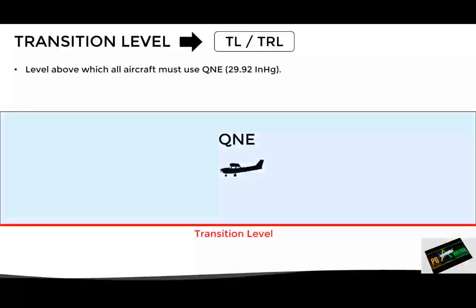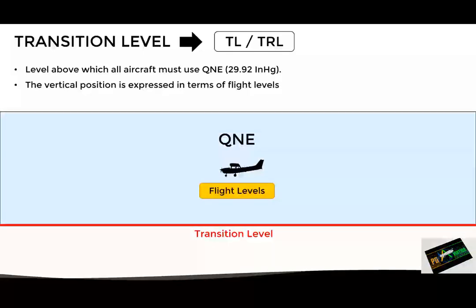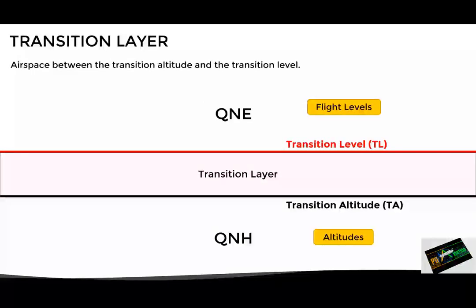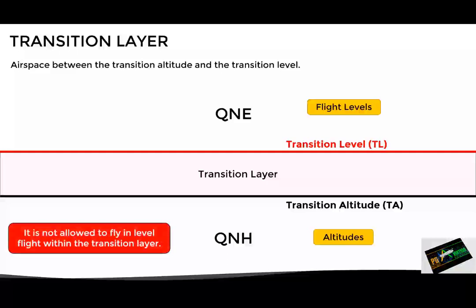This is the level above which all aircraft must use QNE and therefore express their vertical position in terms of flight levels. Finally, we have the concept of transition layer, which is the airspace between the transition altitude and the transition level. Something important to note regarding this transition layer is that it is not allowed to fly level within this layer; the aircraft operating here must be climbing or descending.